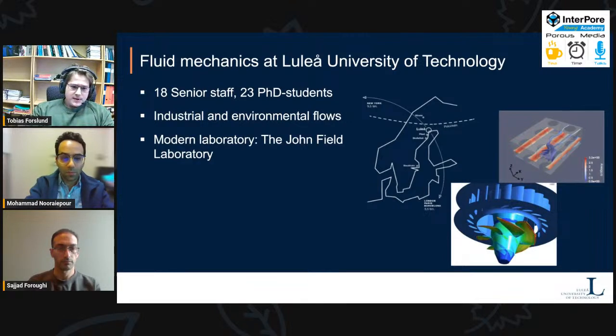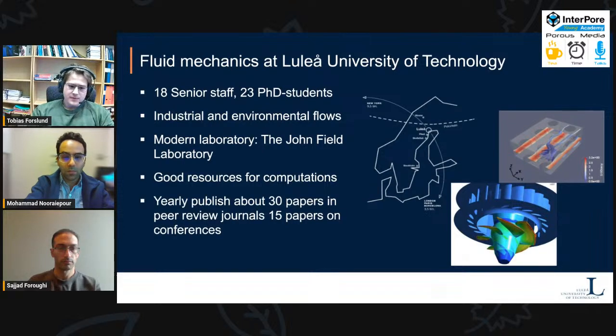So we have a modern laboratory, the John Field Laboratory, and we have good resources for computations. Yearly we publish about 30 papers in peer-reviewed journals and 15 papers at conferences. So it's a medium-sized department where we do a lot of stuff that is closely connected to industry. That's sort of our profile.